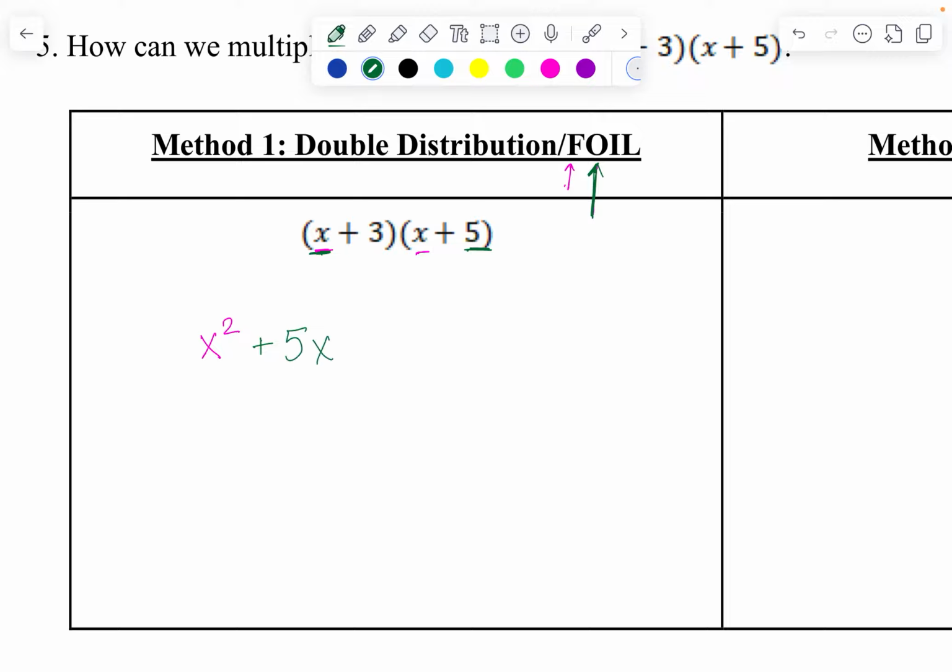Then you have 3 times x, your inside numbers, which is 3x. And then you have your last terms. L means last. I means inside. O means outside.